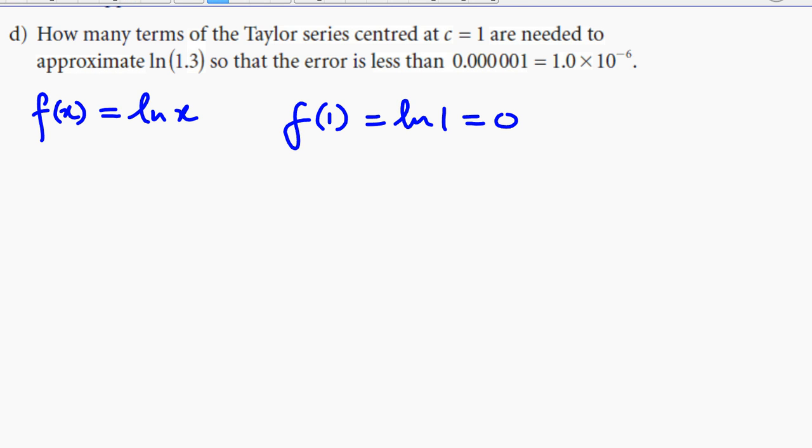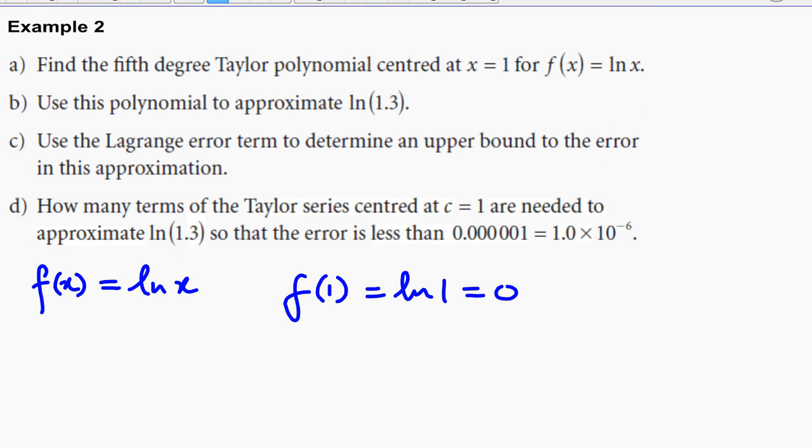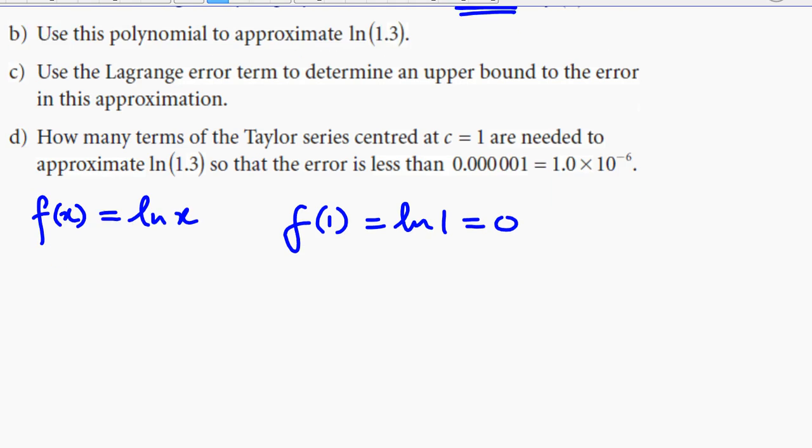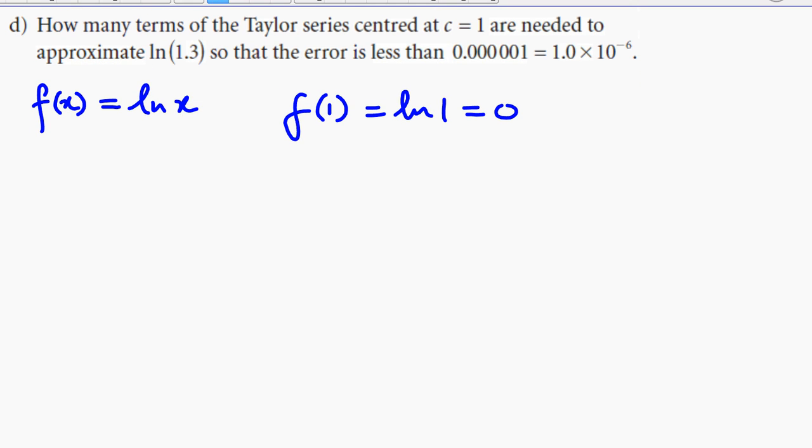Okay, remember, why am I doing that? Because it's centered at x equals 1. The first derivative of this function will be 1 over x. So the value of the first derivative at 1 will just be 1.